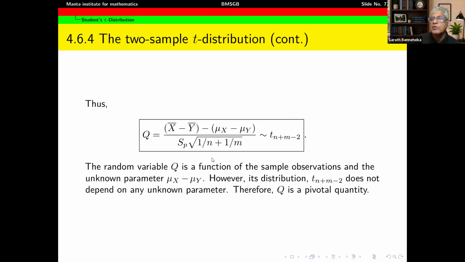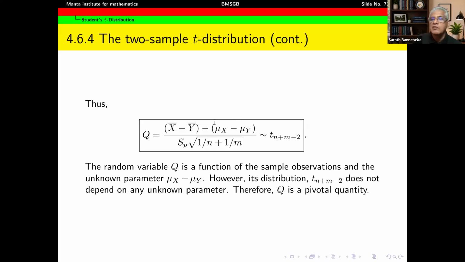So this pivotal quantity, as I mentioned, is very useful when you are making inferences about the difference between the means of two independent normal distributions, when we can assume that the variances are the same. That is a very important assumption that we should be able to make in order to use this pivotal quantity to make inference regarding mu x minus mu y.